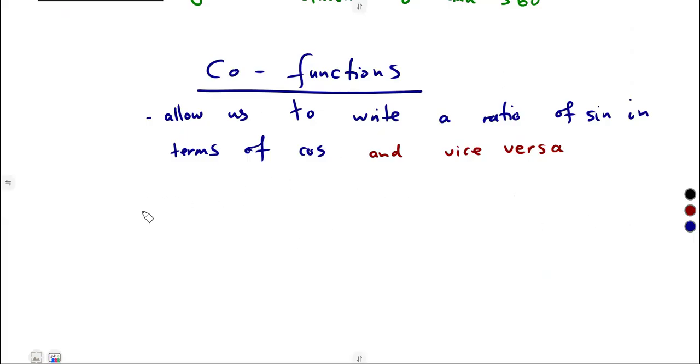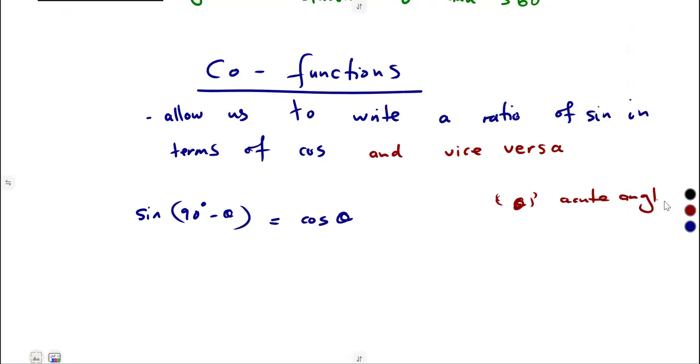All right. Where theta is an acute angle, it follows that the sine of 90 degrees minus theta is equal to the cos of theta, remembering that theta is an acute angle. Also, the cos of 90 degrees minus theta changes to a sine, so it's going to be the sine of theta.